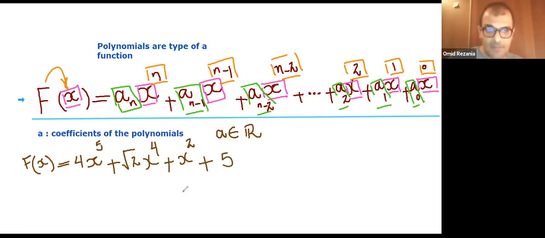This is an example of a polynomial in which our single variable is x and it remains to be x. Then we have a single variable function.